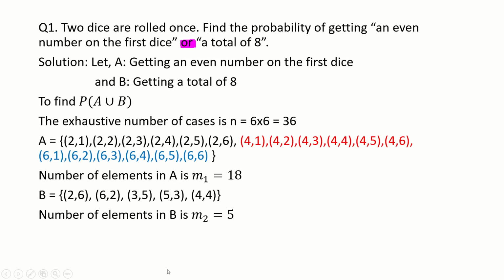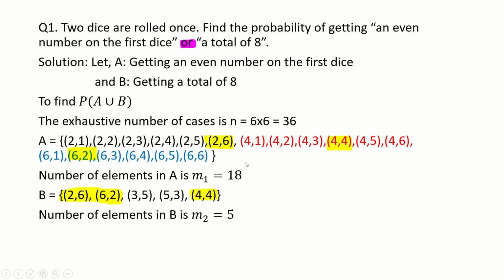Now you see, compare these two events, event A and event B. There are some elements which are common in both A and B. Let us identify these elements. See, element 2, 6. 2, 6 is there in B also.